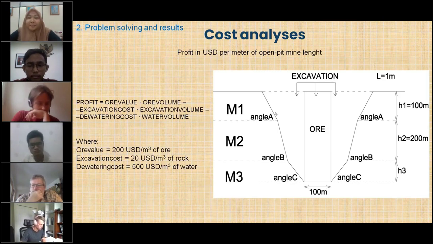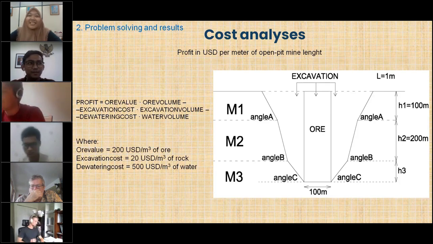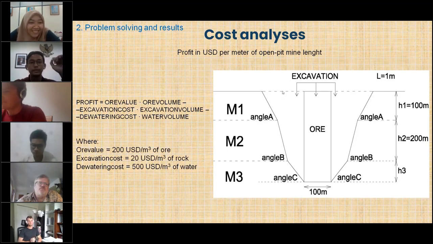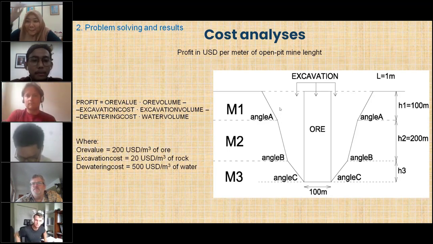It is very simple calculation because we already have values of costs and values of incomes of selling, and these volumes were calculated as areas on this picture. These areas are really simple.